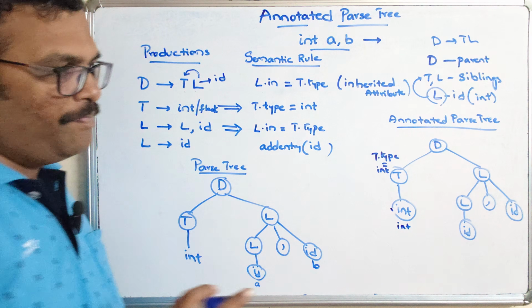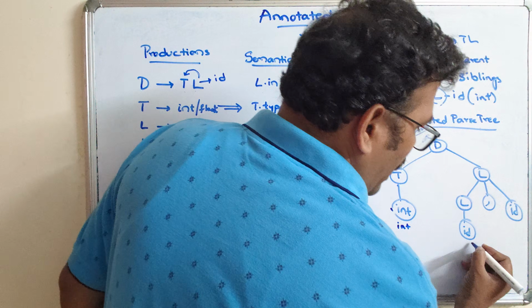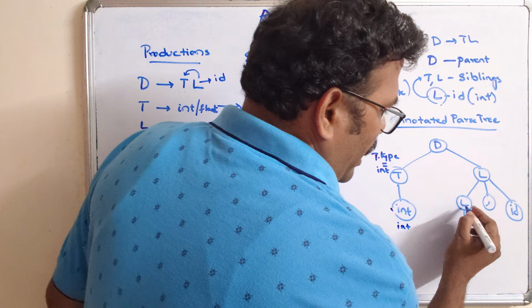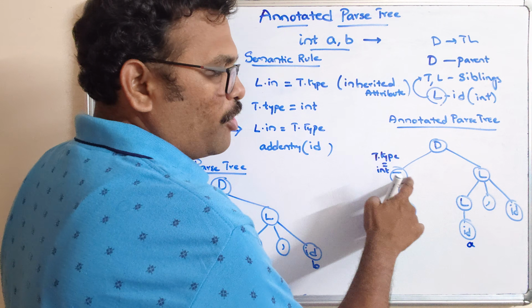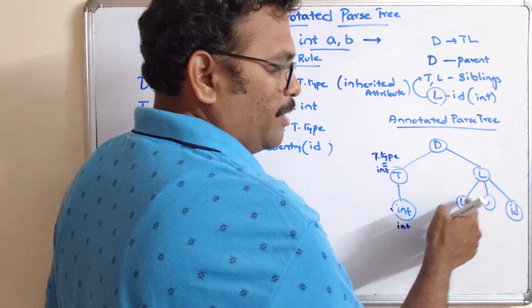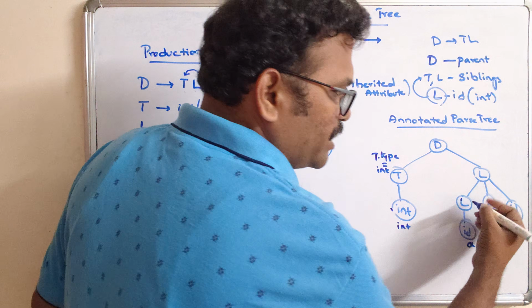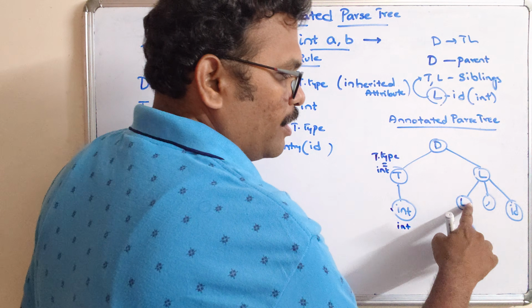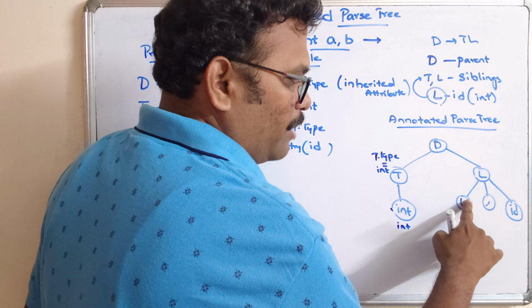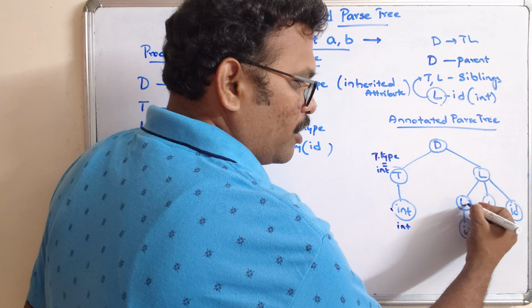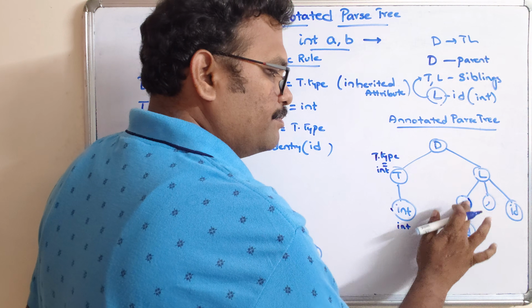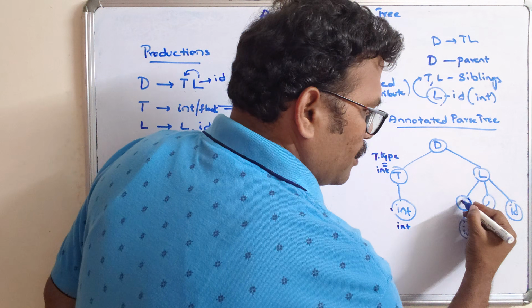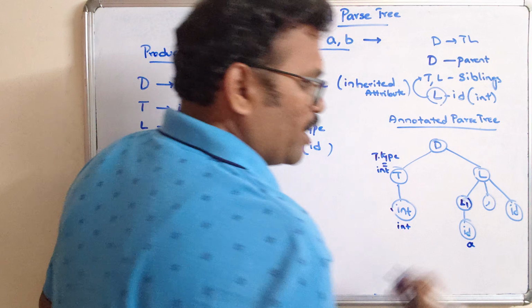It's a keyword. Now coming to the id, id is nothing but a, and l, see, l depends upon t. In order to differentiate this one, I'll give l1 instead of l. Both are equal, but just in order to differentiate, I'm giving it as l1.